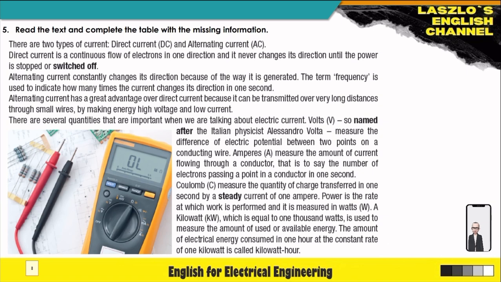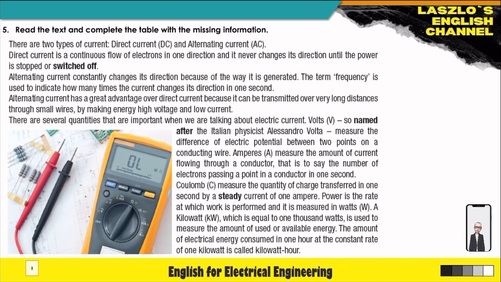Direct current is a continuous flow of electrons in one direction, and it never changes its direction until the power is stopped or switched off. Alternating current, on the other hand, constantly changes its direction because of the way it is generated. The term frequency is used to indicate how many times the current changes its direction in 1 second.